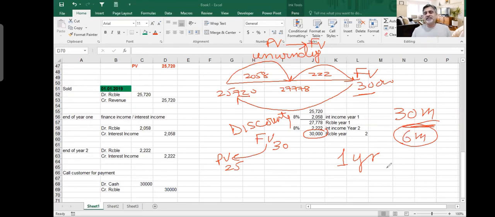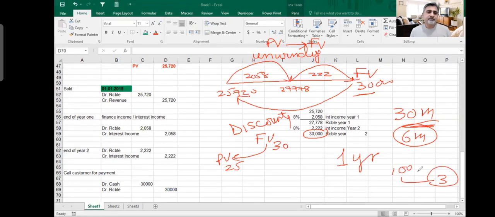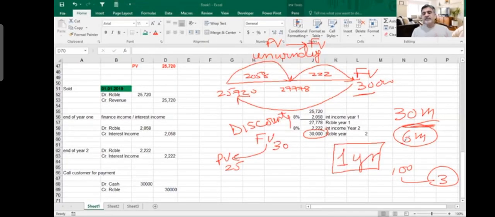If it is like 100K and the customer is paying in 3 months' time, no need to separate the financing component. Generally, we separate the financing component when the delay is 1 year. This is the general rule. However, we may do it for a period of less than 1 year if the amount is very significant, very big.